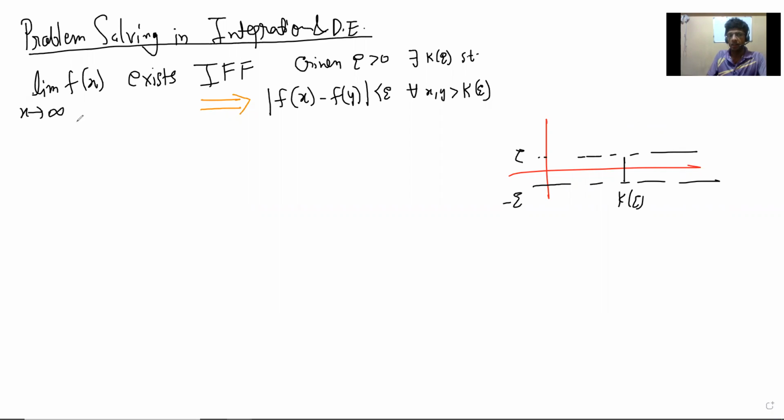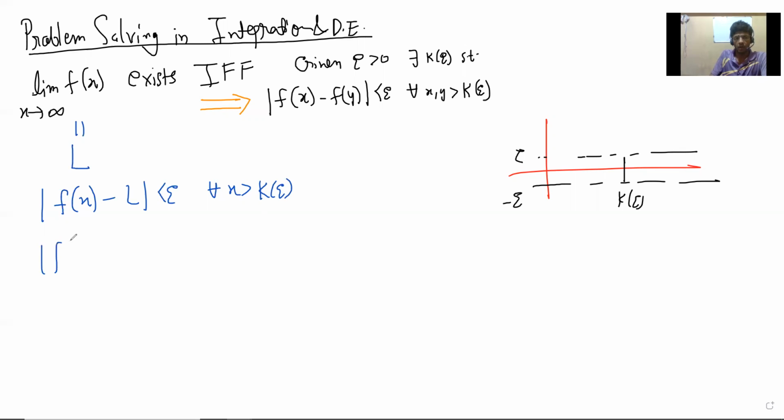You can just say let the limit be L. In fact, let me say that |f(x) minus L| is less than epsilon for all x bigger than, let's just keep it k(epsilon). And similarly for all y bigger than k(epsilon).